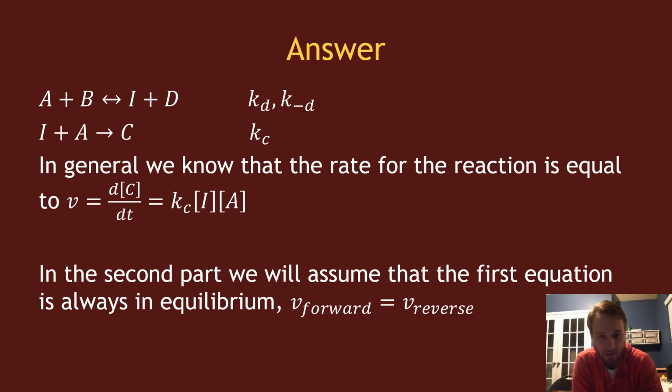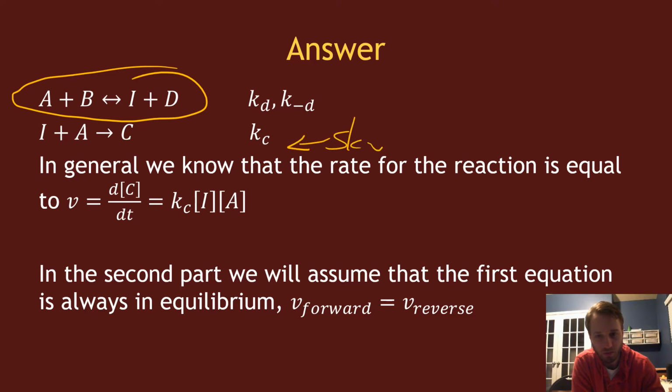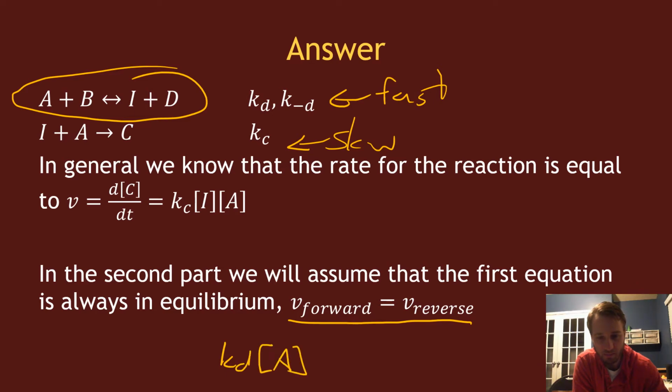Now if I want to do the same question with the pre-equilibrium approximation, it says that in this reaction we're in equilibrium. This is slow, this is fast. Being in equilibrium means the forward rate and reverse rate are equal. So KD AB, the forward rate, has to equal the reverse rate, K minus D ID.